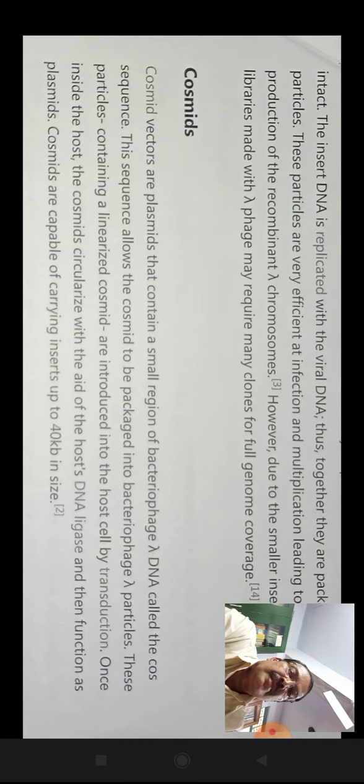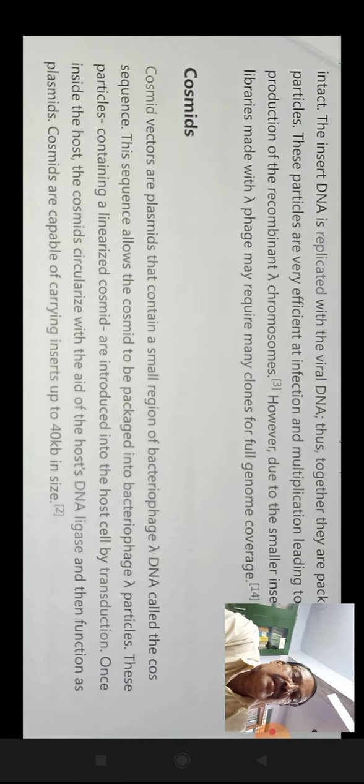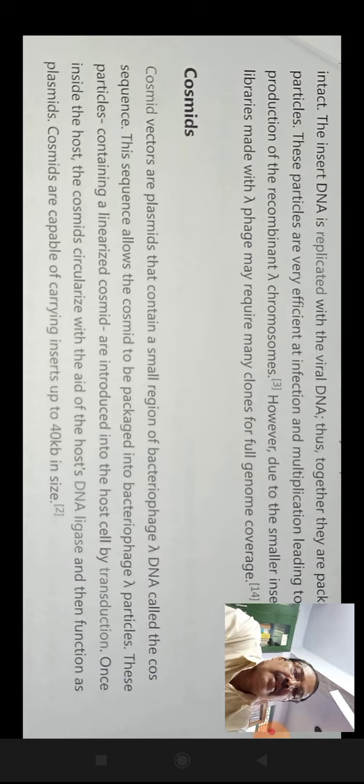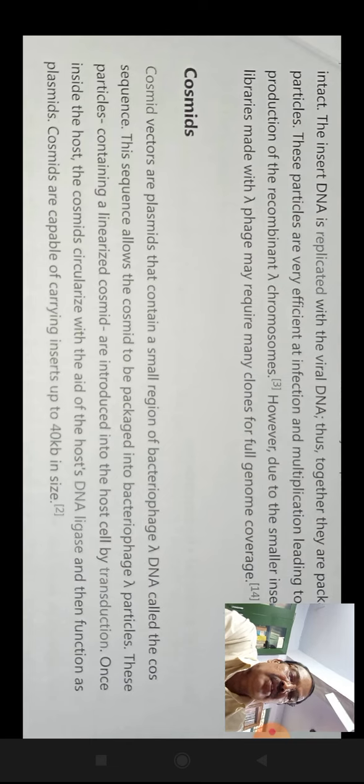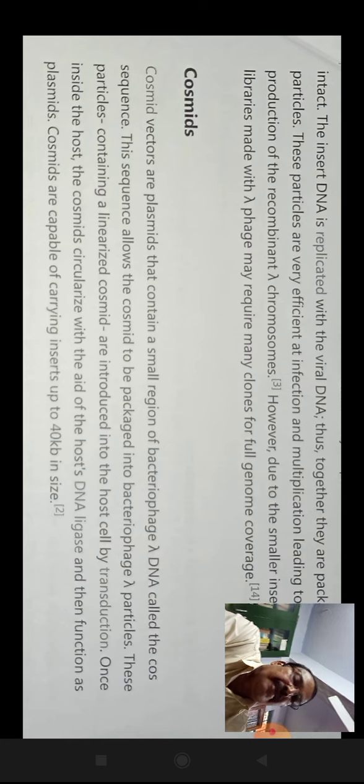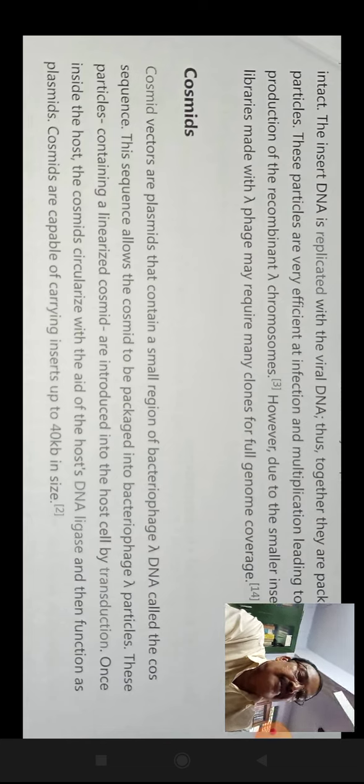Cosmids. Cosmid vectors are plasmids that contain a small region of bacteriophage lambda DNA called the COS sequences. This sequence allows the cosmid to be packaged into the bacteriophage lambda particles.